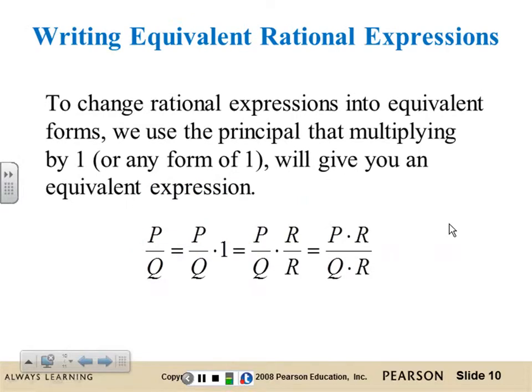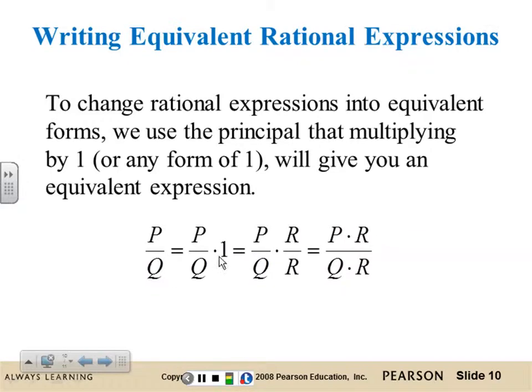Alright, so now, once we know what the common denominator is, how do we write equivalent fractions? So to change rational expressions into equivalent forms, we use the principle that multiplying by 1 or any form of 1 will give you an equivalent expression. So for example, here I have p over q. Well, what I want to do is I want to make an equivalent expression of p over q.